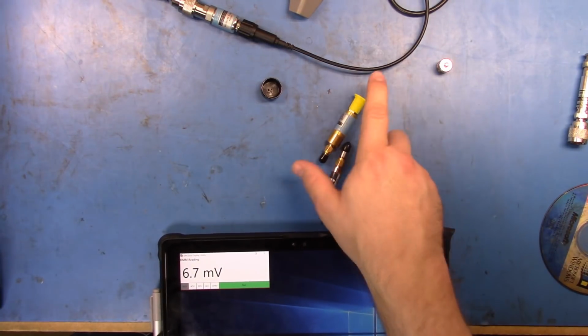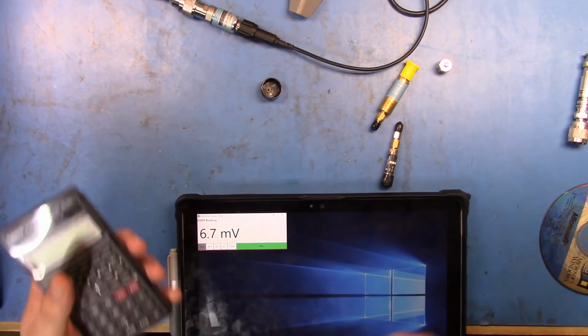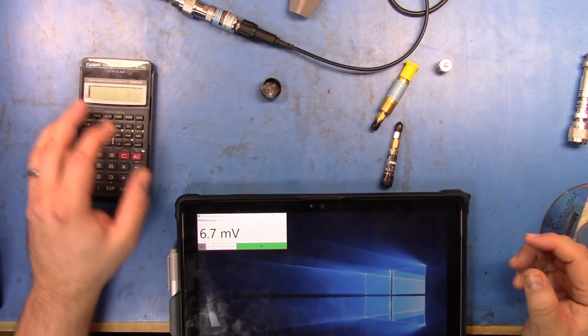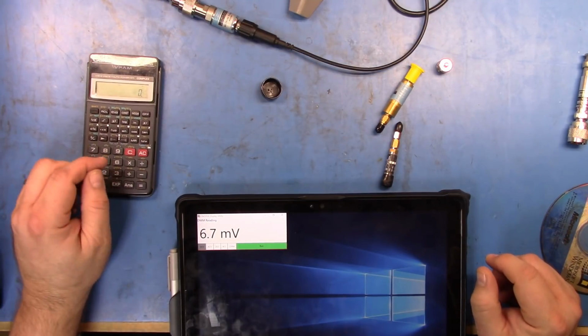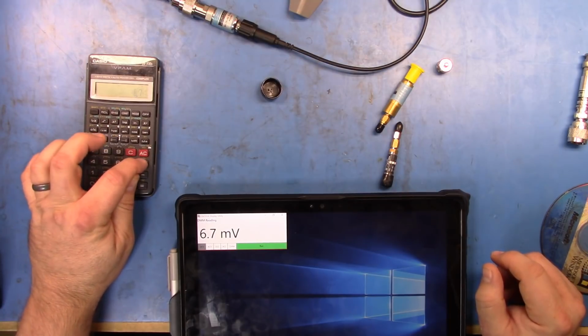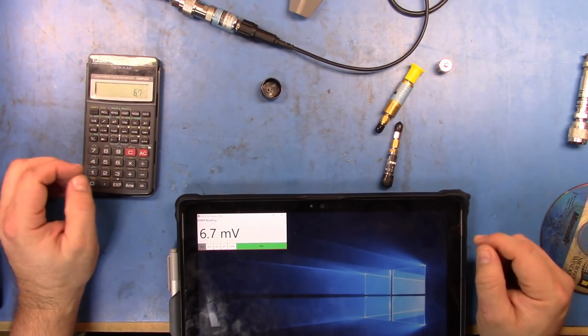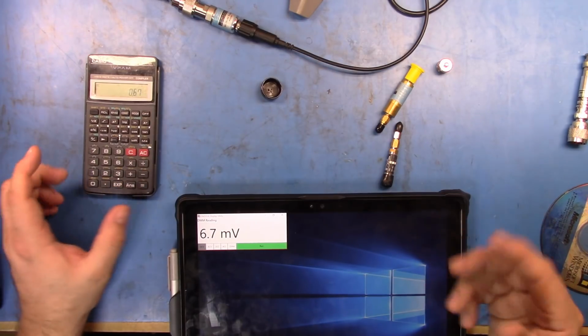Now, if you remember, the voltage spec for sensitivity was in millivolts per microwatt. So it's going to be 6.7 millivolts divided by 10 microwatts, because we're at minus 20 dBm.